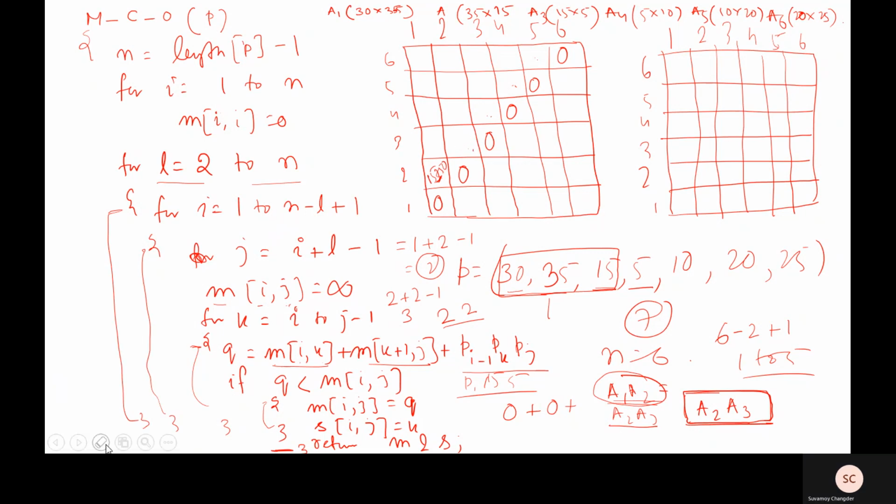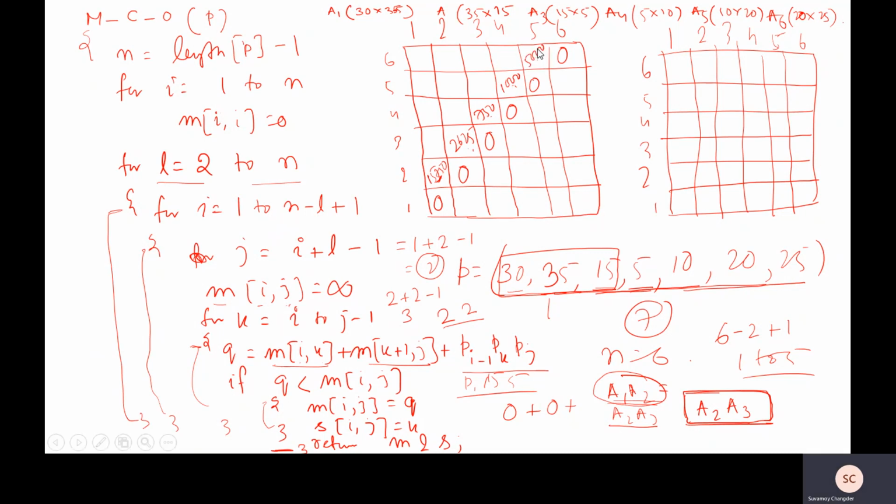Therefore, infinity will be replaced by 35 into 15 into 5, which is 2625. For the next, we have to multiply 15, 5 into 10, and this is 750. In the next, we multiply 5, 10 and 20, that is 1000. In the next, 10, 20 and 25, that is 5000.